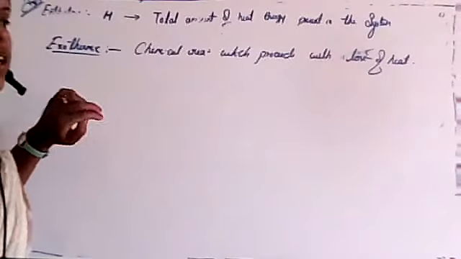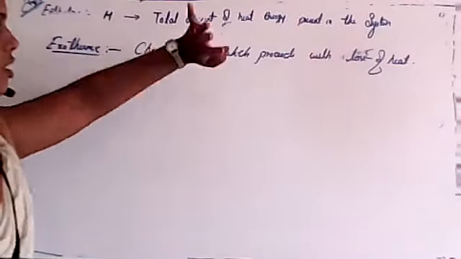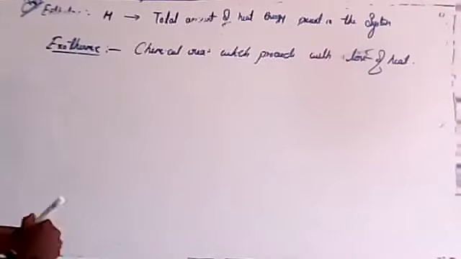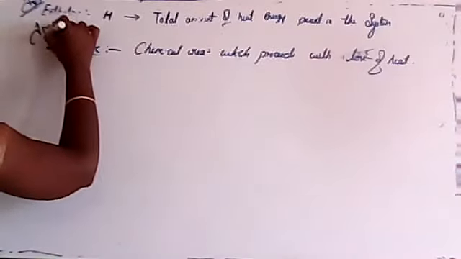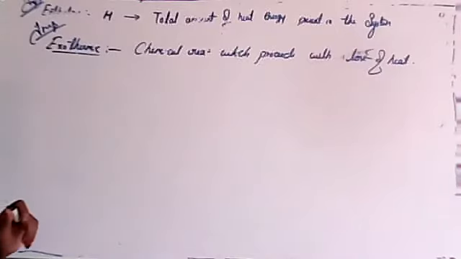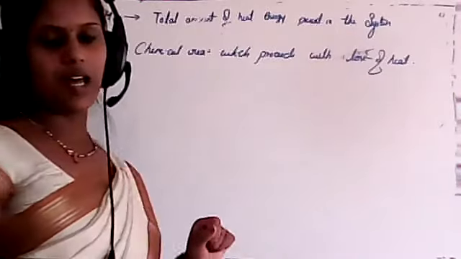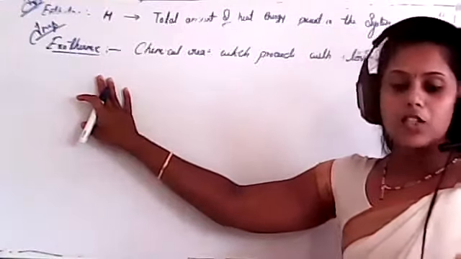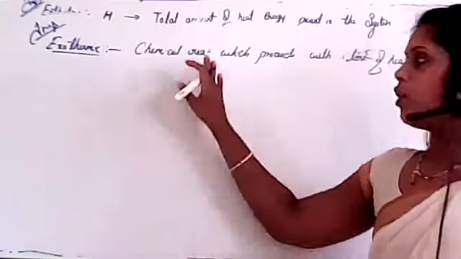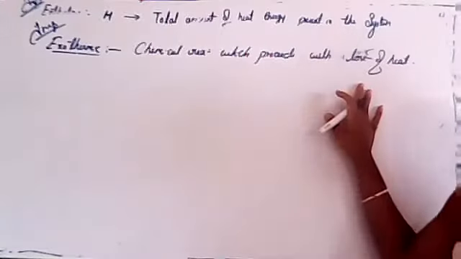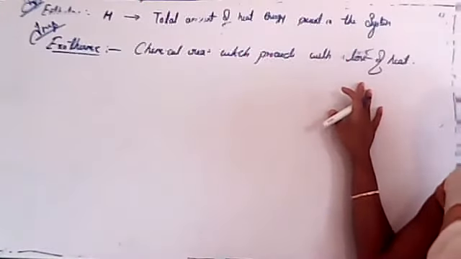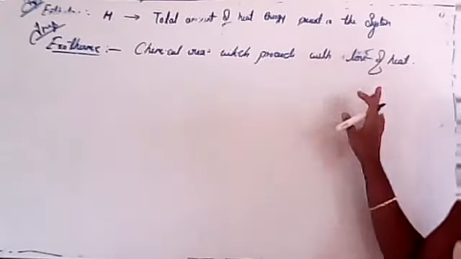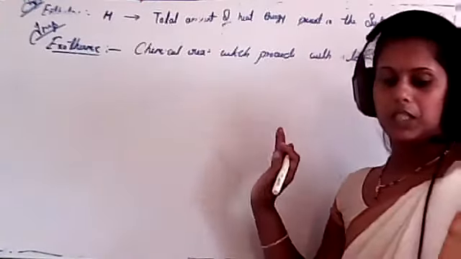Don't just write that heat energy is evolved or lost. Exothermic, again important. What is an exothermic reaction? A chemical reaction which proceeds with loss of heat energy, or evolved with heat energy, is known as an exothermic reaction.